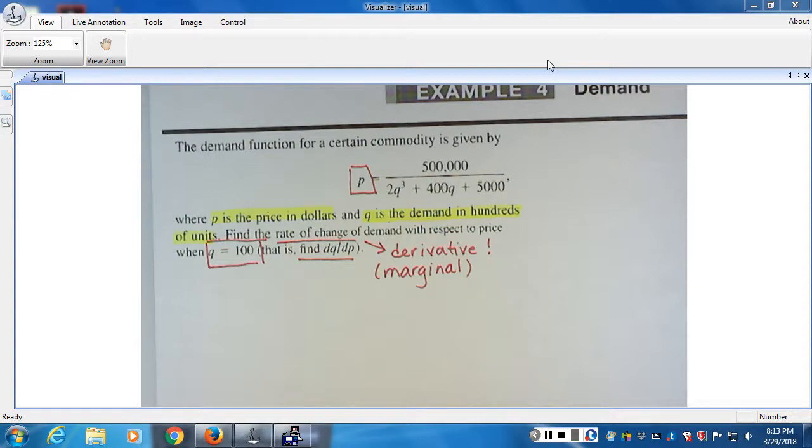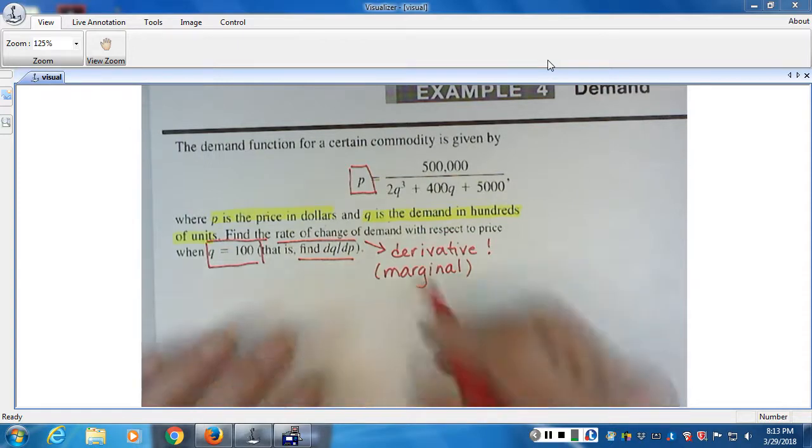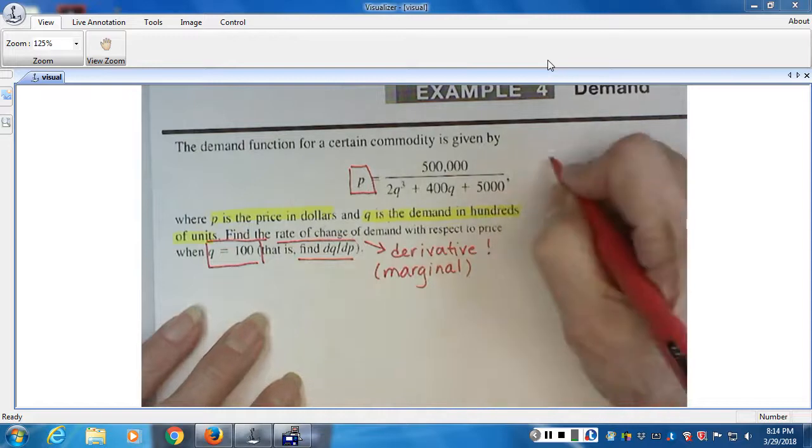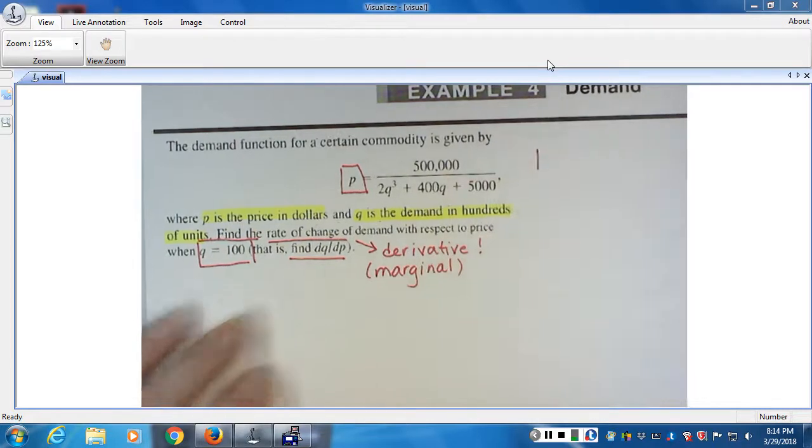So the thing you want to remember is that the derivative of P is 1. Okay? The derivative of P is 1.